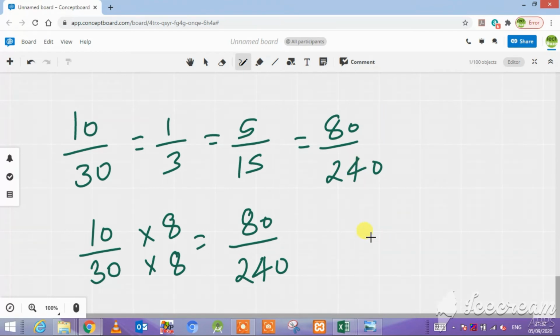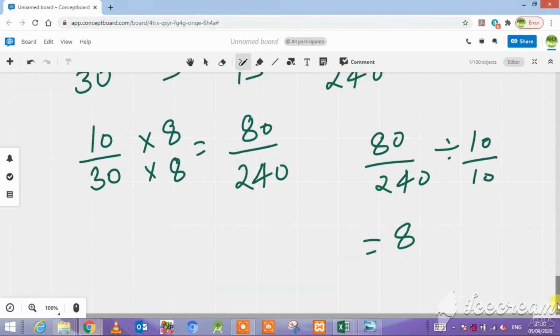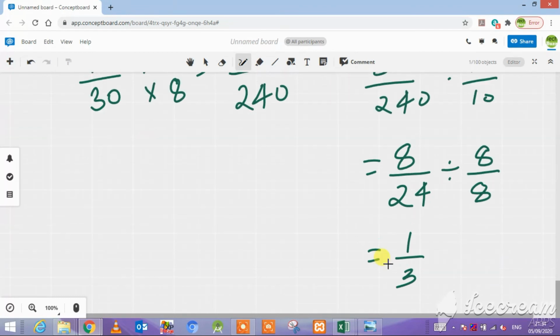Now if you divide 80 upon 240 by some common number, like here we can divide it by 10, we will get 8 upon 24. Now we can see 8 upon 24 can be divided by some common number. Because 8 3s are 24, we will divide them by 8. So our answer will be 1 upon 3.